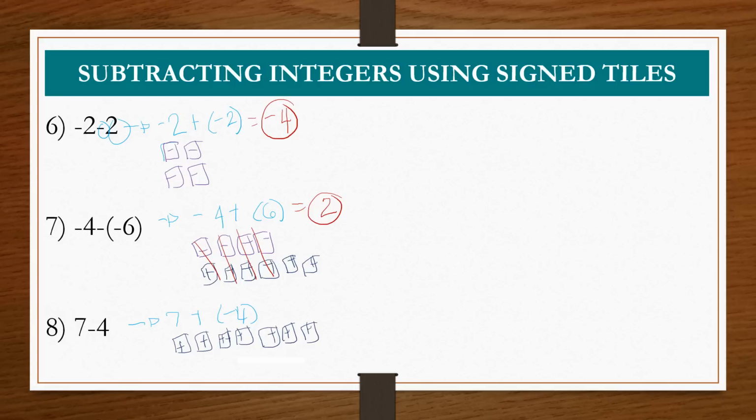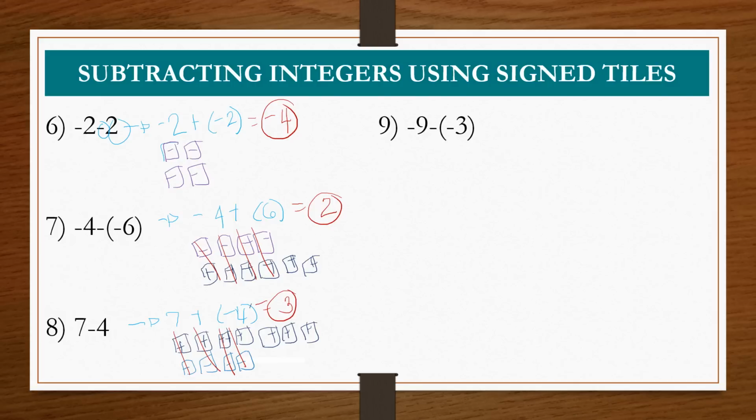And then negative 4 can be written as 4 negative tiles. And we can cancel some pairs, cancel, cancel, cancel, cancel. And we are left with 3 tiles that are positive. So we have positive 3 as the answer in number 8.